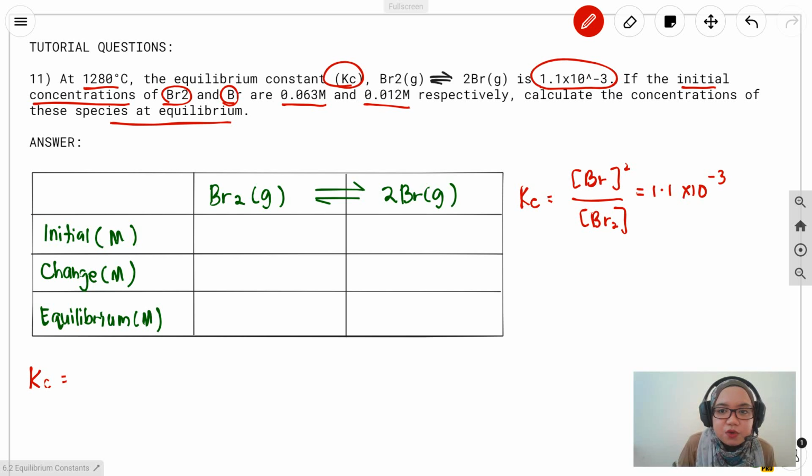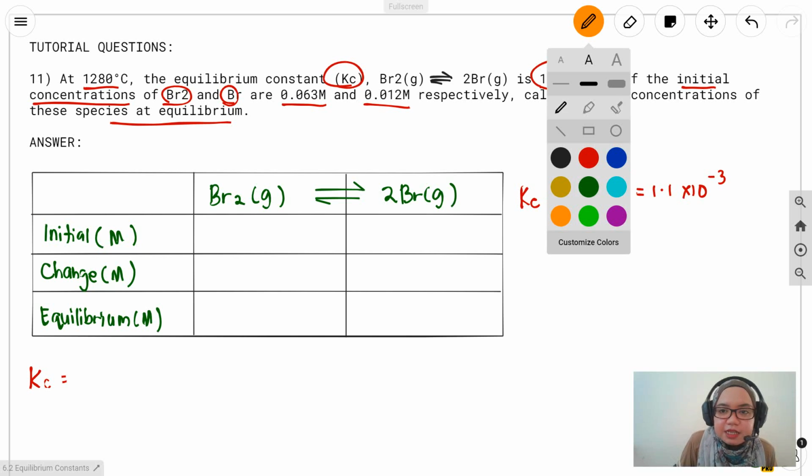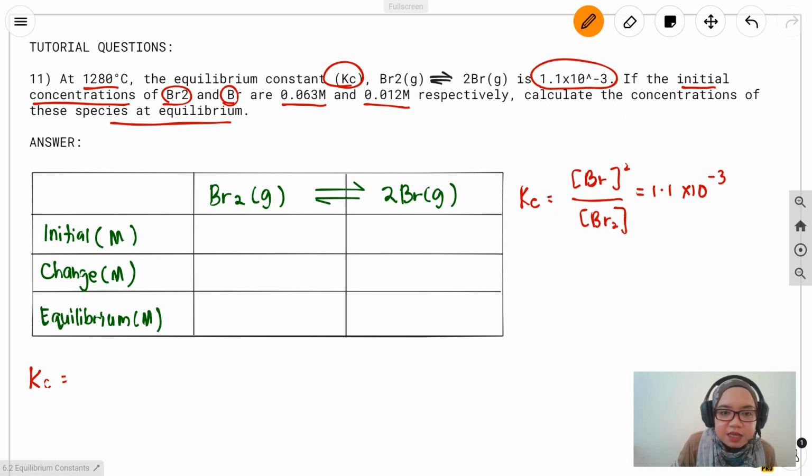So it gives you here that the initial amount is 0.063 and 0.012. Usually the initial concentration or initial partial pressure of product is 0.